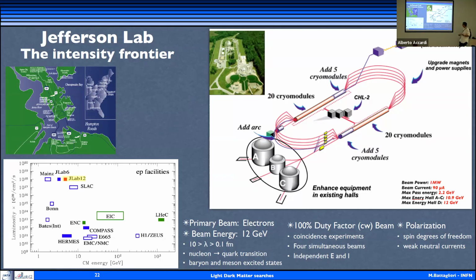If you look at the intensity of Jefferson Lab with respect to all the other facilities, it is one of the highest. There are other facilities like MESA, which I will discuss later, but the energy is lower. That is perfectly fine if you are looking for your dark matter not in the range between 1 MeV and 1 GeV, but maybe between 0.1 MeV and 1 MeV. So, different areas.